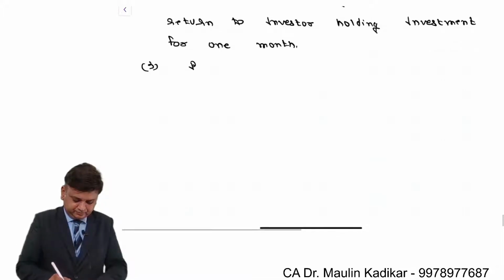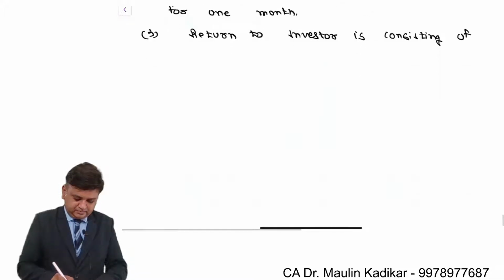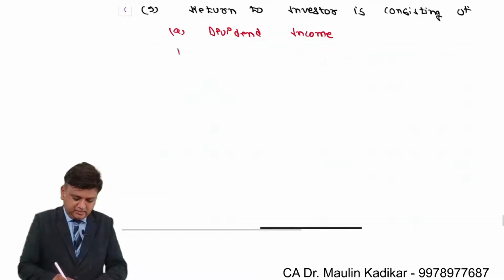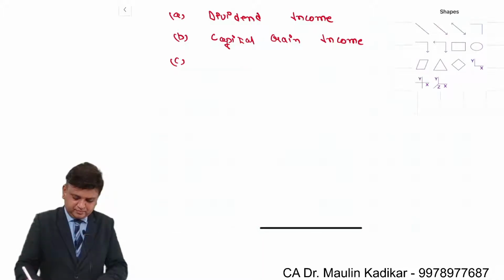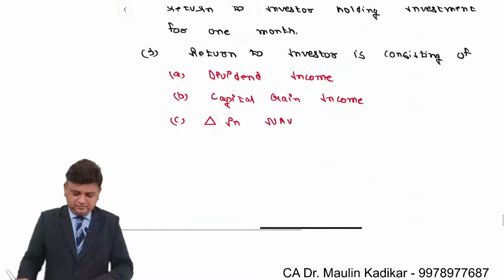Third, return to the investor is consisting of: A, dividend income; B, capital gain income; C, change in net asset value.